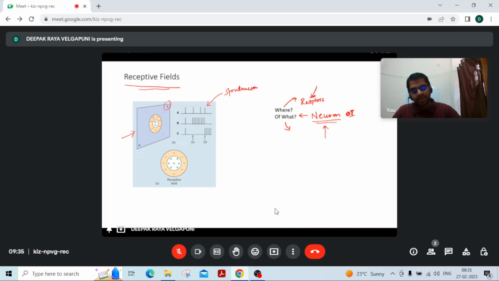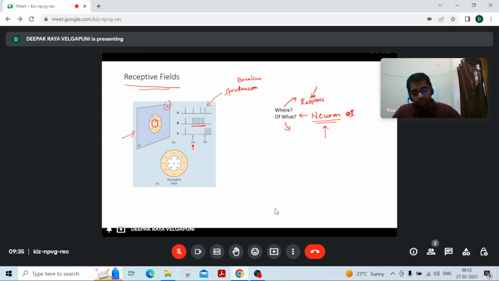This is like a baseline activity which is always present for a given neuron, some random activity going on, but there is no particular modulation of this neuron due to the light spots thrown on area A. But when you throw a light on the center, area B, you see that whenever it is on, the firing rate increases, and it stays increased as the light is present.